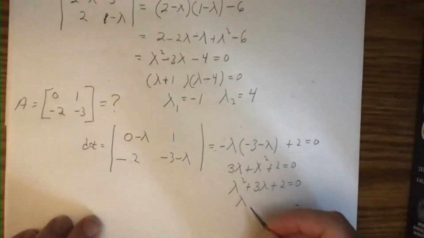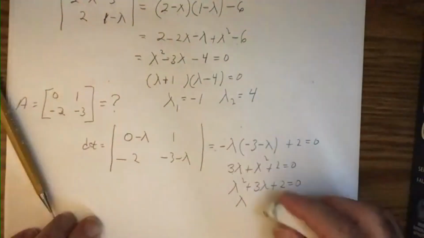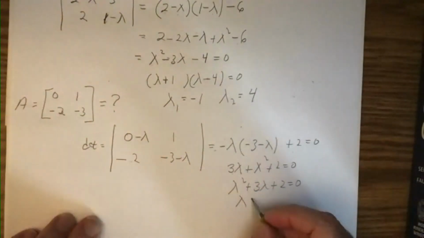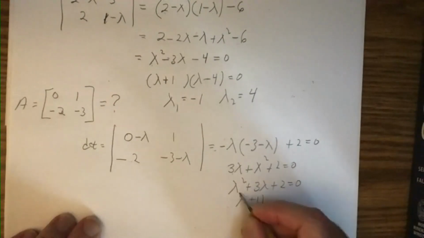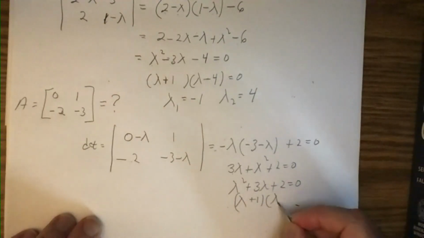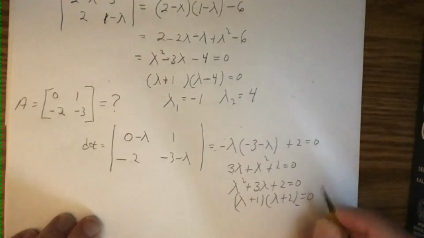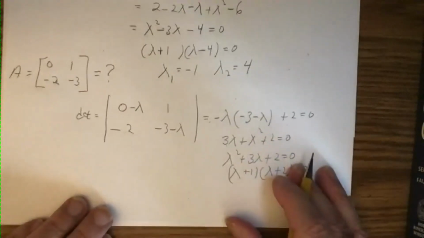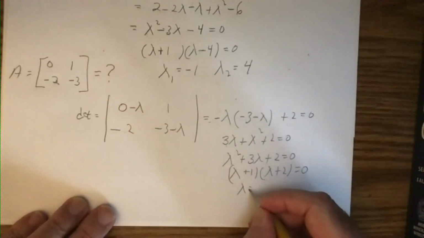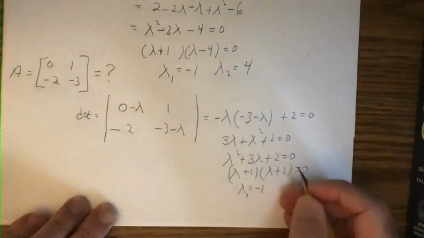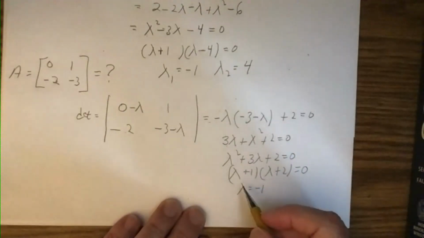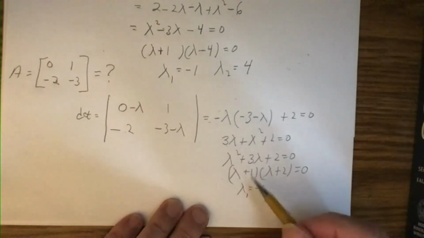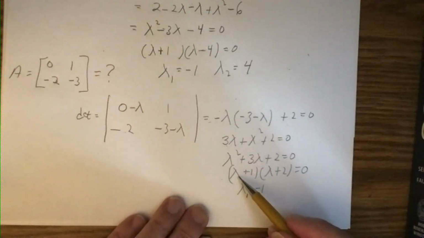So let's see. I can factor this into lambda plus 1, right? And lambda plus 2, right? So I get now that lambda is equal to minus 1 and minus 2. And you want to label, because we have to find the eigenvectors for each value of lambda, right?